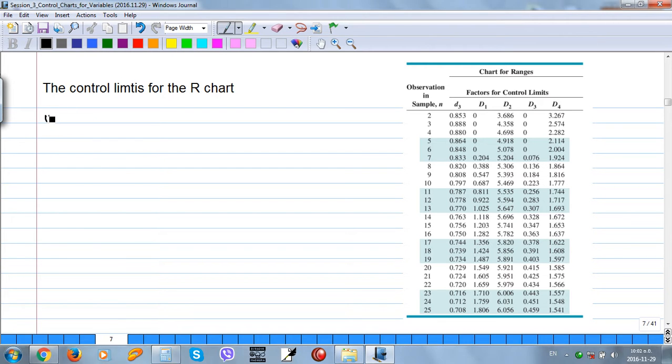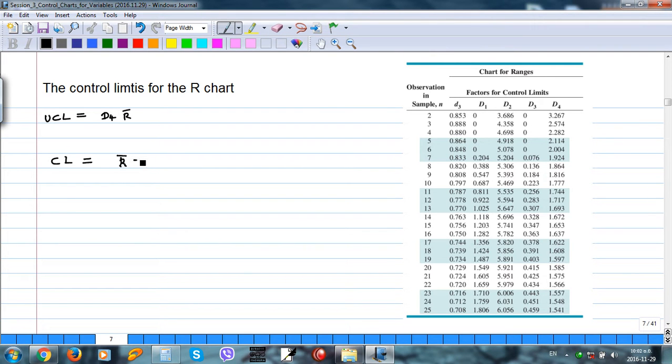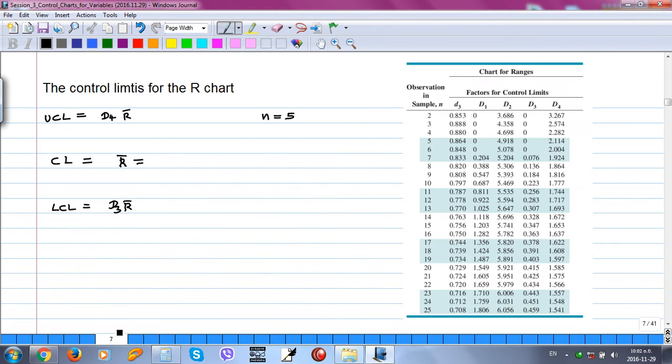Here n equals 5, there are 5 entries, and m equals 25. Then you can find the values for d3 and d4.